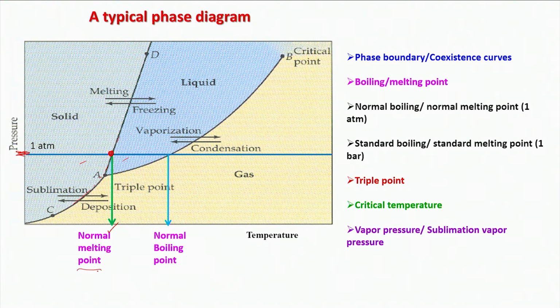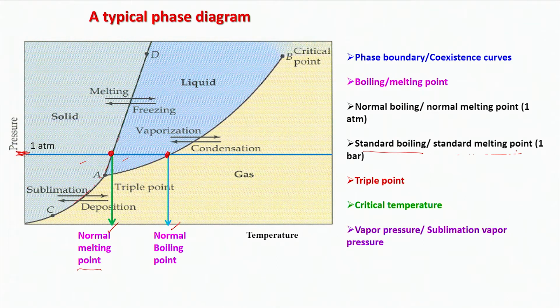Similarly, at 1 atmospheric pressure, this is the temperature at which one can establish an equilibrium between the liquid and the gas phase. So that is the normal boiling point. Now, if you are at 1 bar pressure, that is where you are going to talk about the standard boiling or the standard melting point.